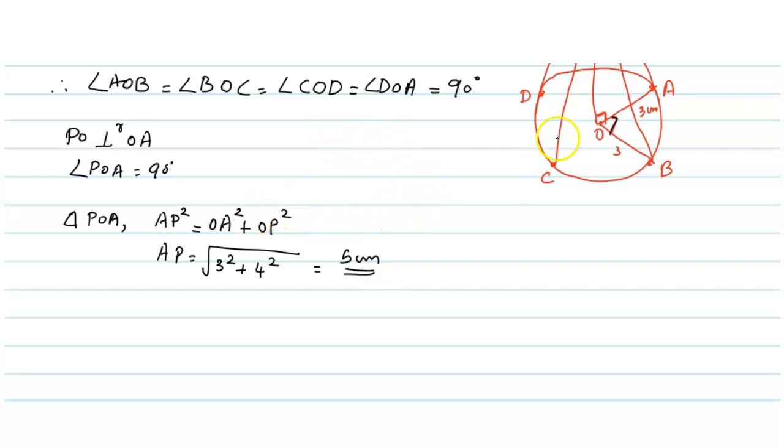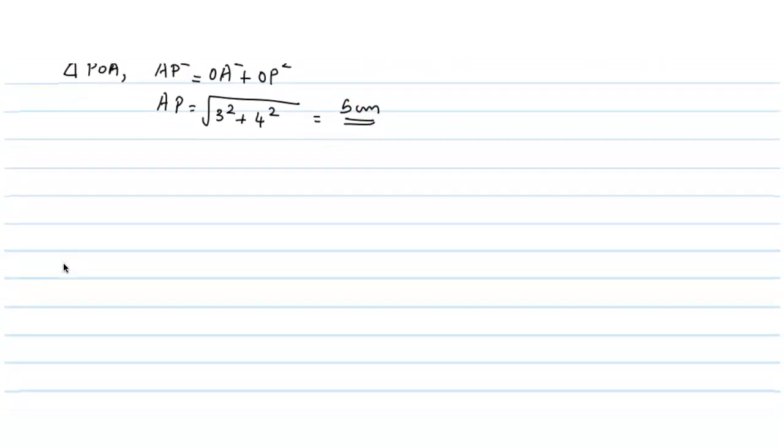OA is the radius, given as 3 centimeter, and OP is the distance, so OP is equal to 4 centimeter. It is also given. So applying this here, we will get AP equals 5 centimeter. Since the string is suspended from the point P and the arcs are same, we can say that AP is equal to BP, which is equal to CP, which is equal to DP.